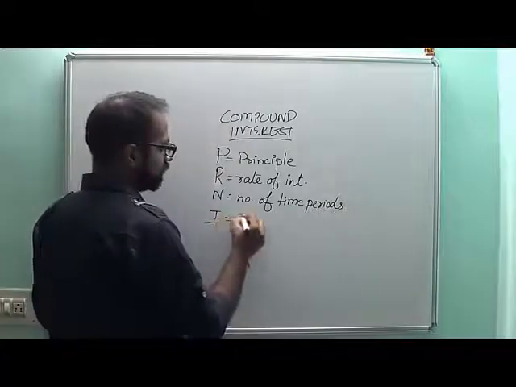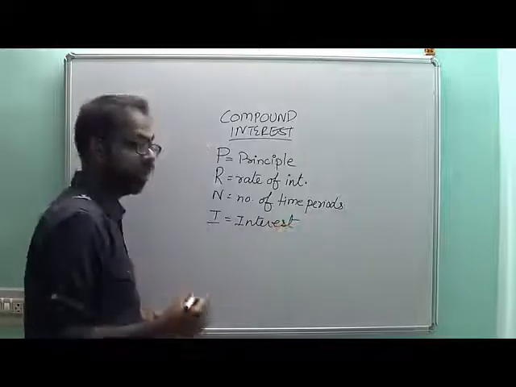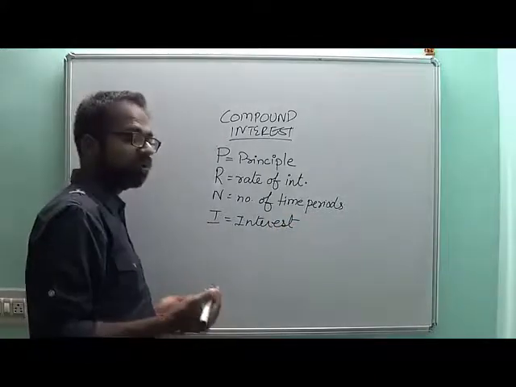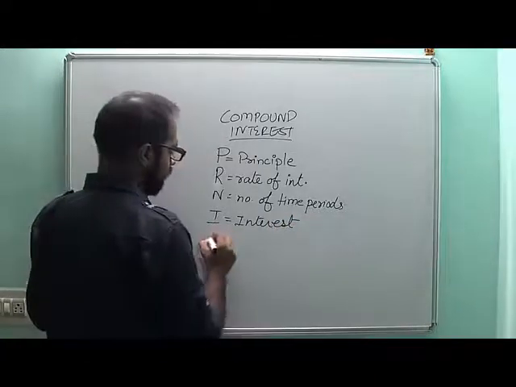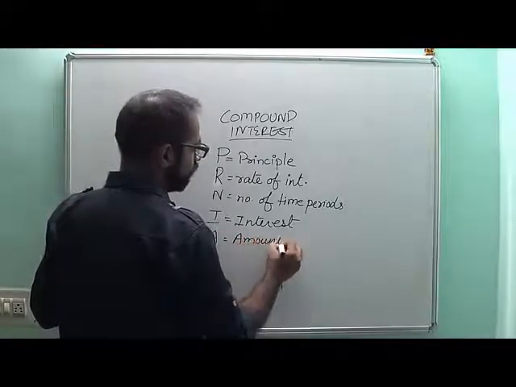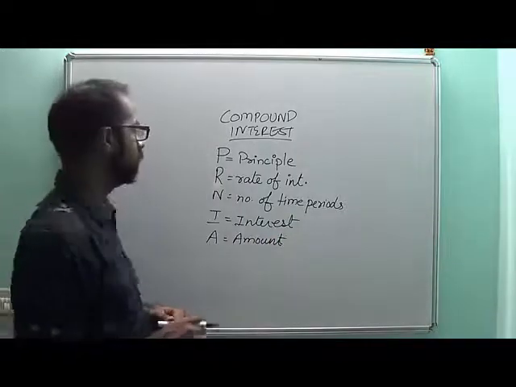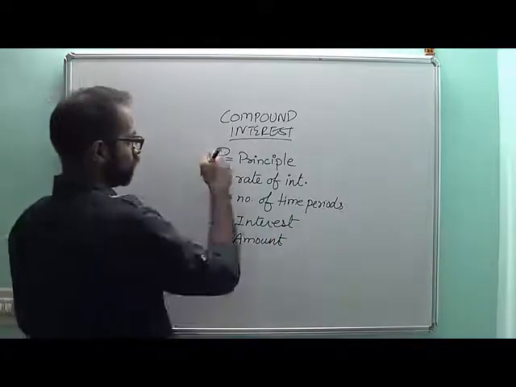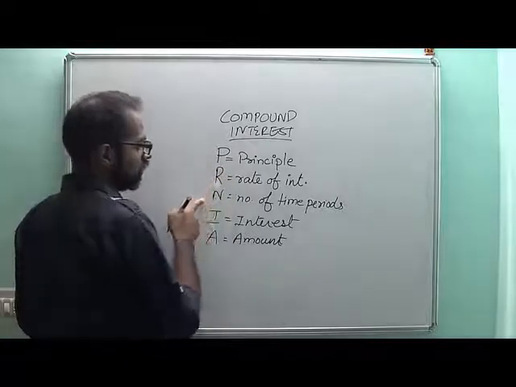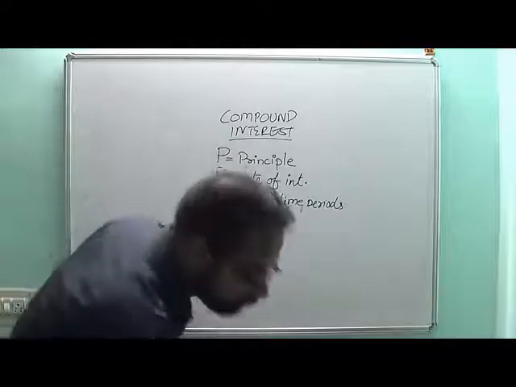I means the interest which you are actually going to earn on the principal amount that you have lent. And A is the total amount which is to be returned by the borrower at the end of the lending period. So we have the principal, rate of interest, the number of time periods, the interest and the amount.